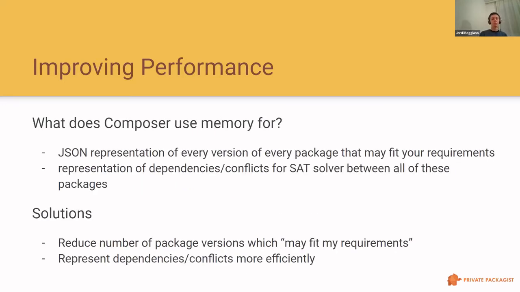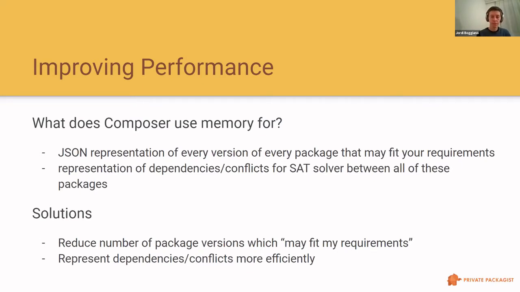So if we look at the memory, what is Composer using memory for? You may have seen these memory issues with some projects at this point on V1, using 2 or 3 gigabytes of memory, which is kind of crazy. So what's all this needed for? Every version has an object that represents that version of that package.